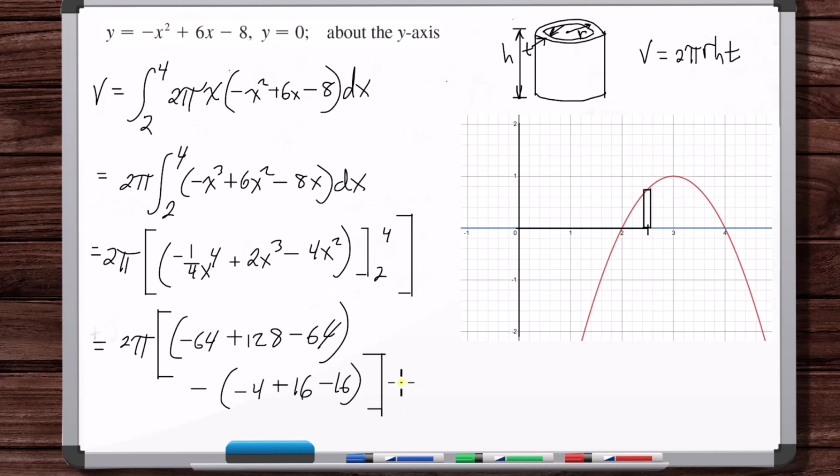Okay, so this is 2 pi times minus 64 minus 64 is minus 128, plus 128 is 0. Okay, so minus 4. So 2 pi times positive 4 is 8 pi.